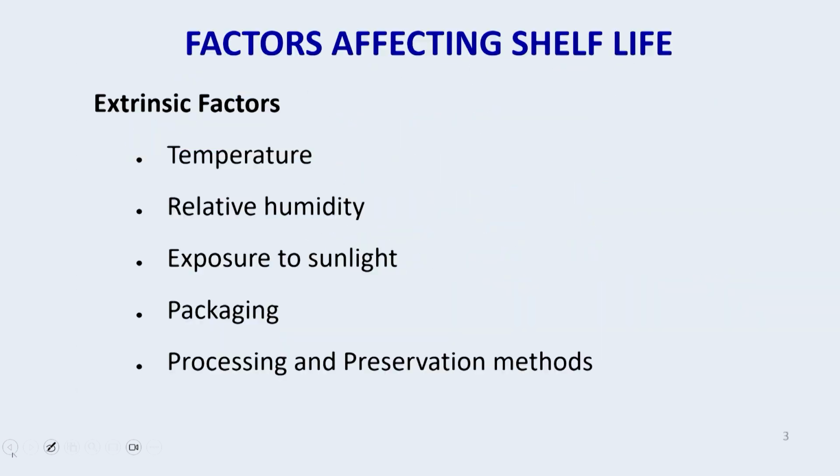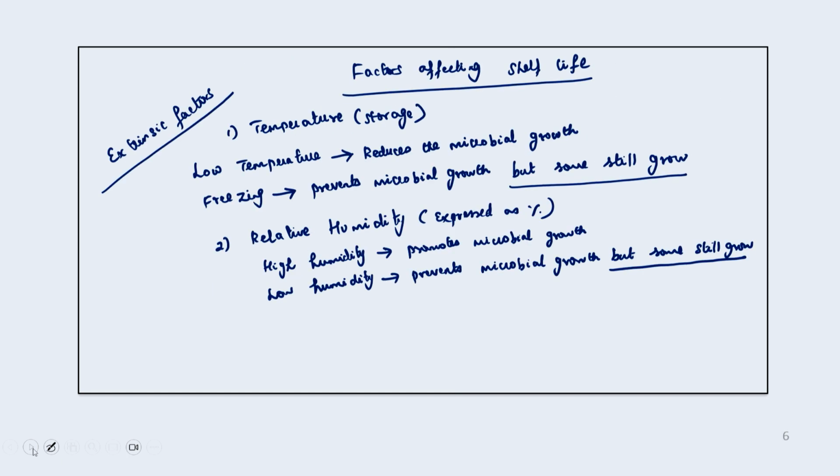Let us move to the third one. Exposure to sunlight. Some food products, when exposed to sunlight, due to ultraviolet rays or infrared radiations, undergo some chemical changes, because of which the quality is affected.